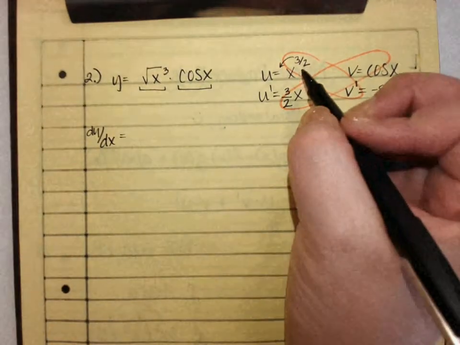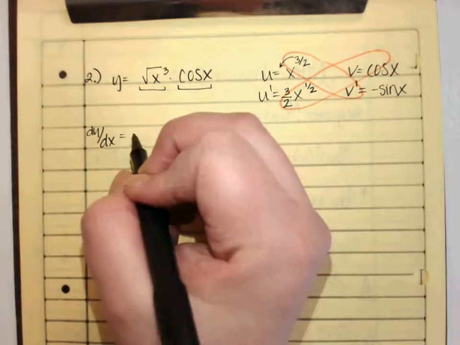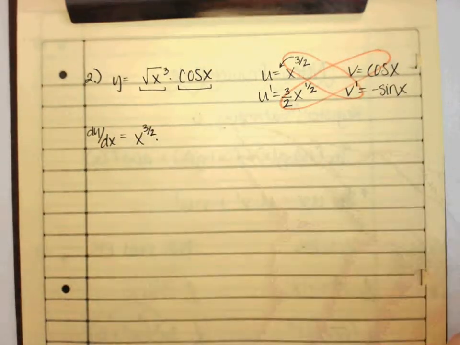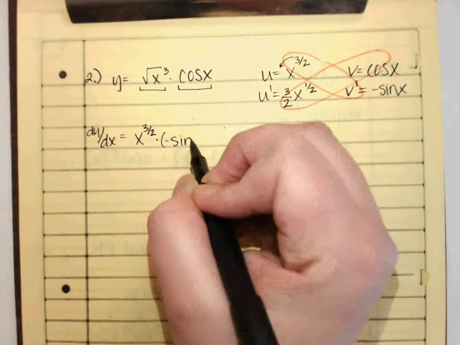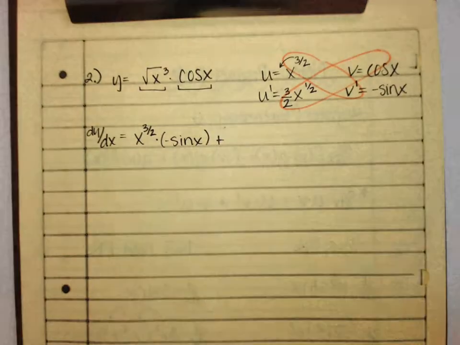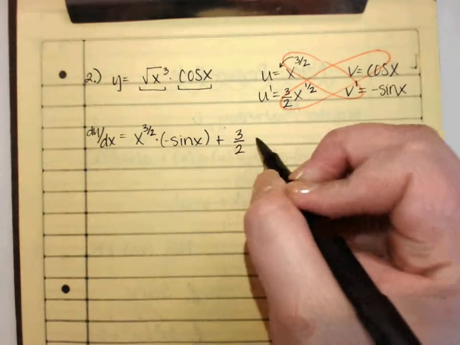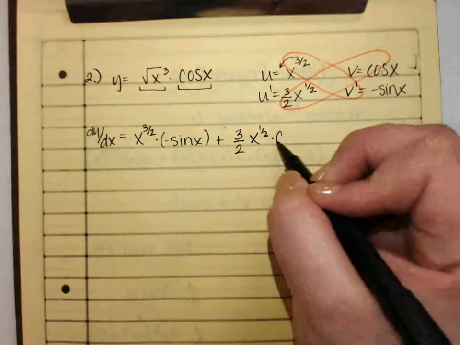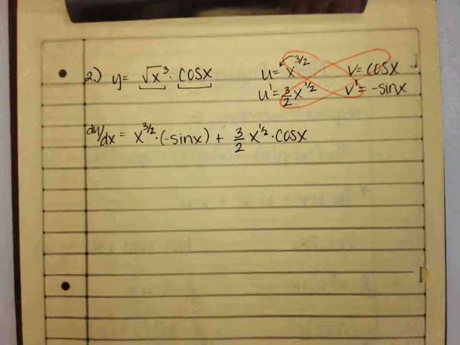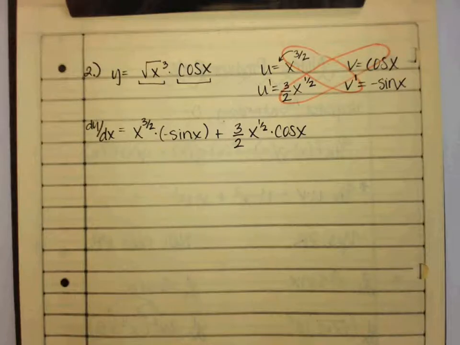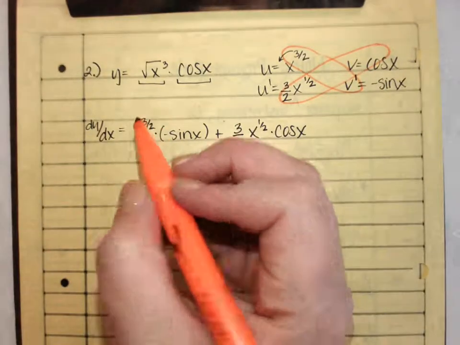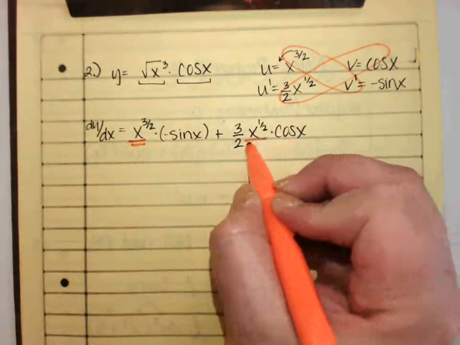And then I'm going to do 3x to the 3 halves times negative sine x plus 3 over 2x to the 1 half times cosine x. Now, AP also, they're not going to leave these in this form, so we're just going to convert those. Okay?